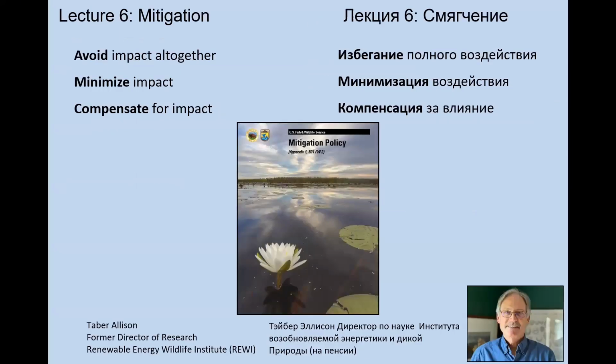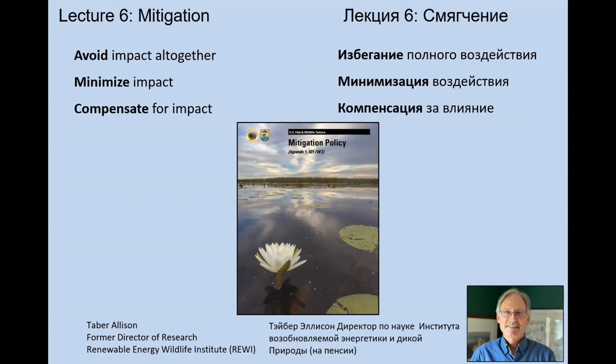Our sixth lecture was on mitigation. And mitigation in the United States, and I think in Europe as well, we think about in three ways, and it's a hierarchy. At the bottom, we try to avoid impacts. We put wind turbines in places where there just are not many conflicts.